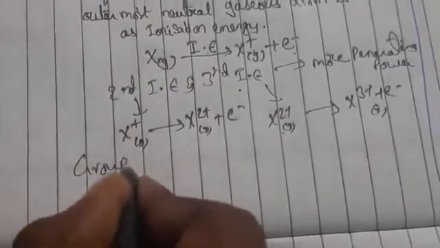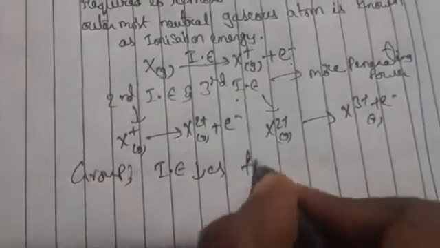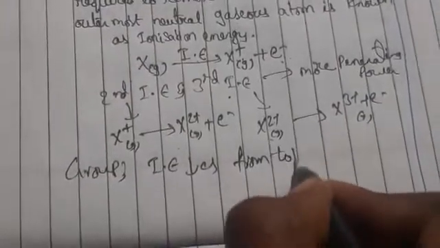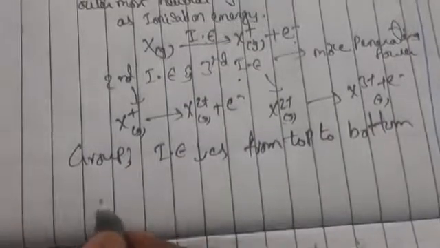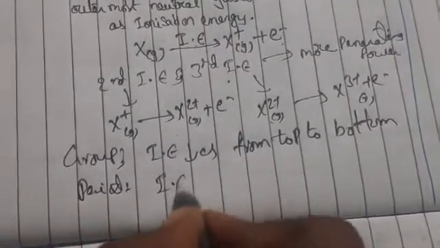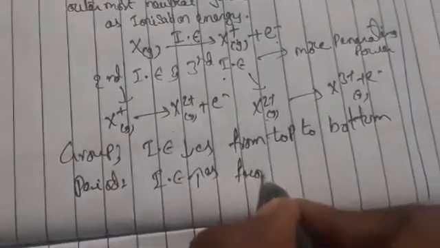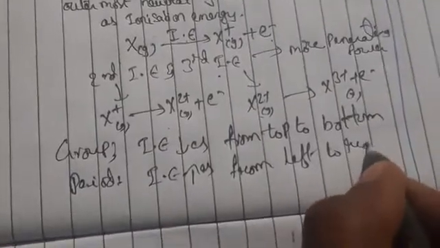Coming to trends: in a group, ionization energy decreases from top to bottom. In a period, ionization energy increases from left to right.